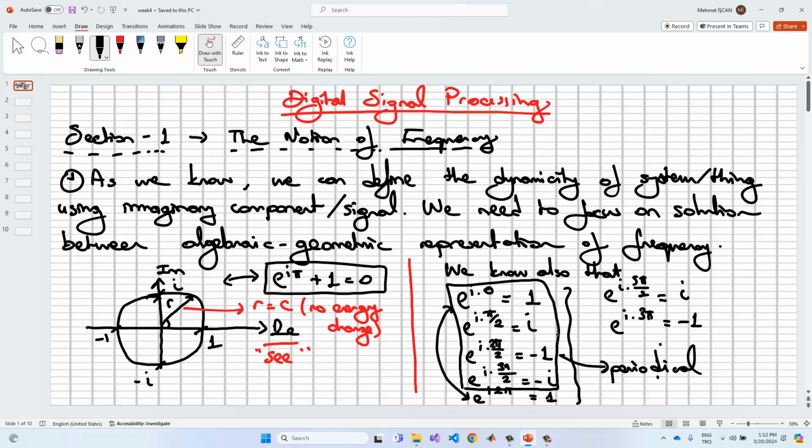In each case, if we increase the angle by 1, 2, 3, 4 turns, we get the same point. This is the shape of the frequency. This is the algebraic representation of the frequency patterns. But this pattern is a perfect one. What's the meaning of perfect in here? Why is this perfect?